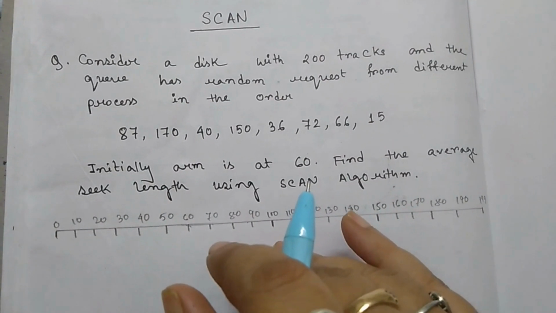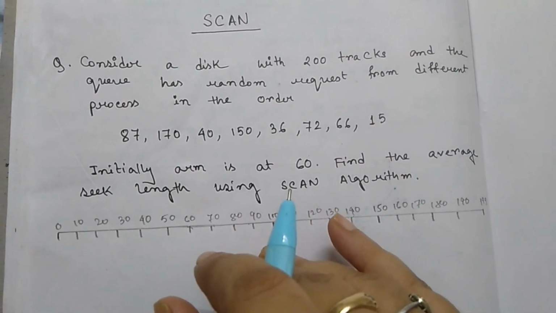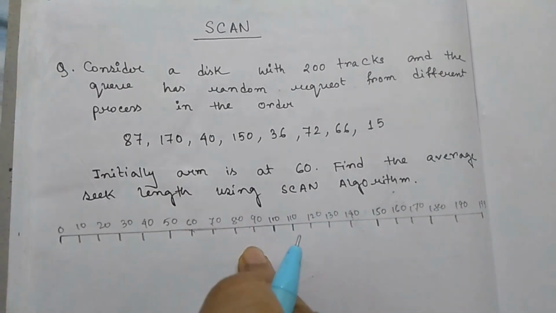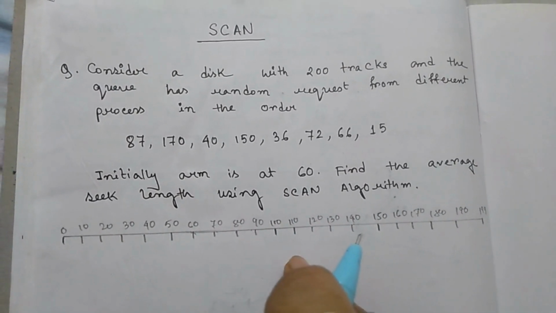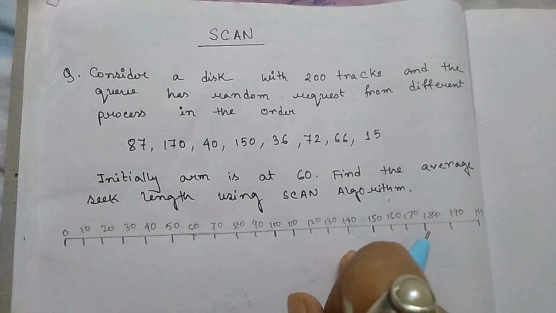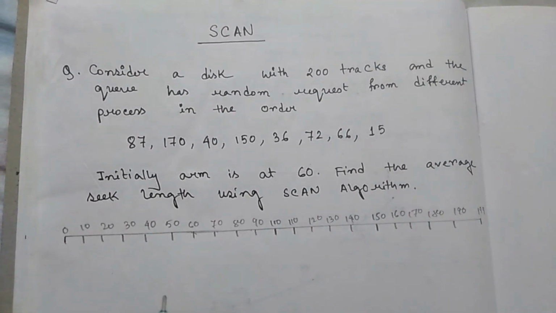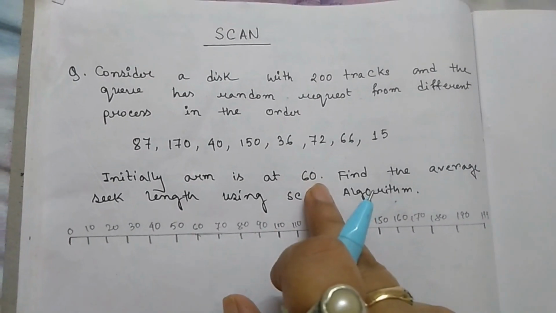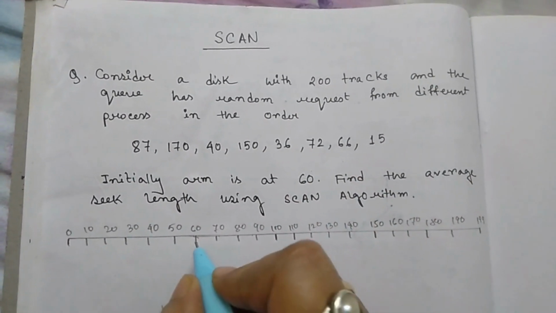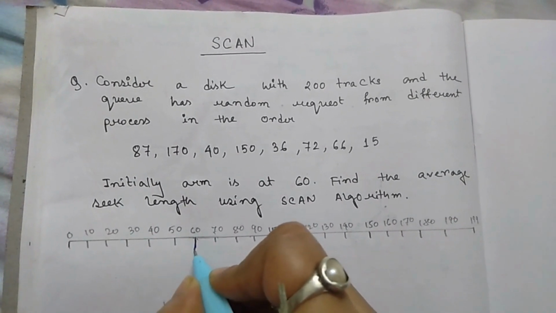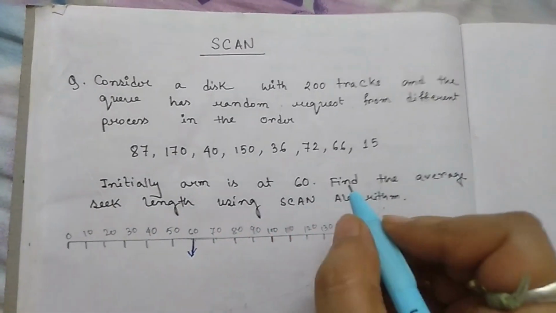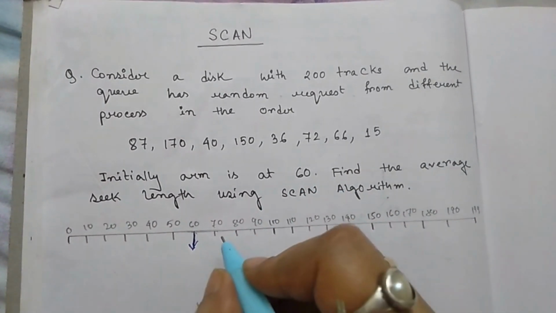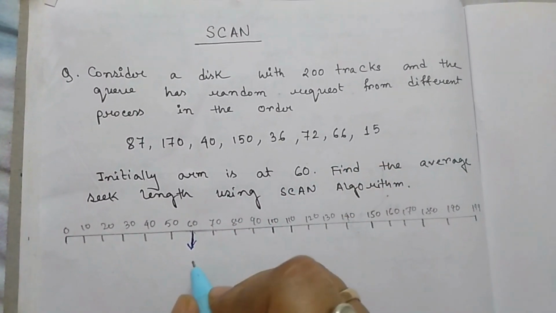When we move in one direction, it covers up to the last value of that direction, then moves to the other direction. Let's see. The starting head is 60, so the starting point is 60. Then, according to step 1, it finds the nearest value. So 66 is the nearest value of 60.